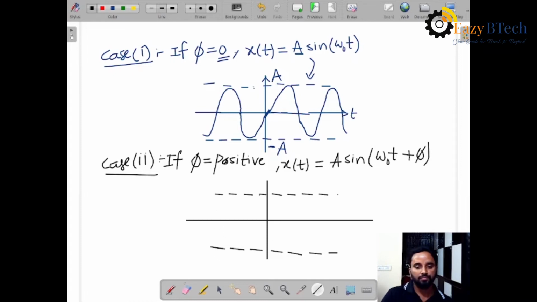So here plus A, and here minus A. Now this is sine omega naught t plus phi. So the waveform is like this.